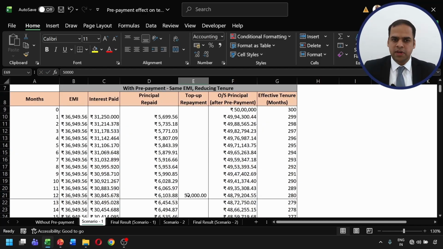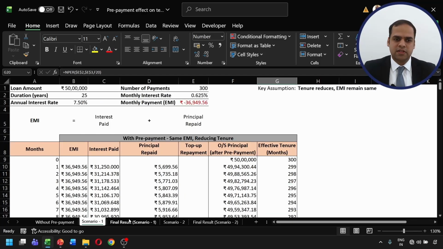So once we made the first payment, we can automatically see that our effective tenure was 289 earlier, but the effective tenure reduces to 280. It should have been 288 if we hadn't made the top-up repayment. But as we make the top-up repayment, our effective tenure reduces drastically.